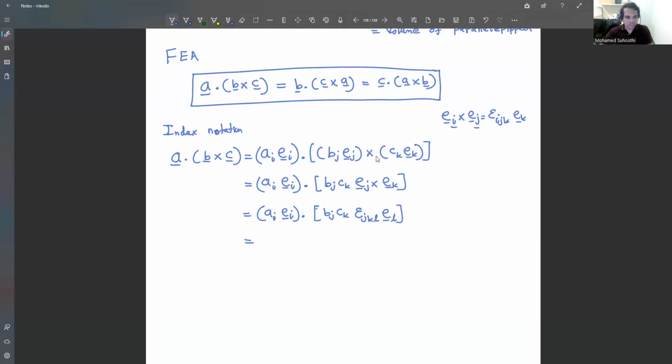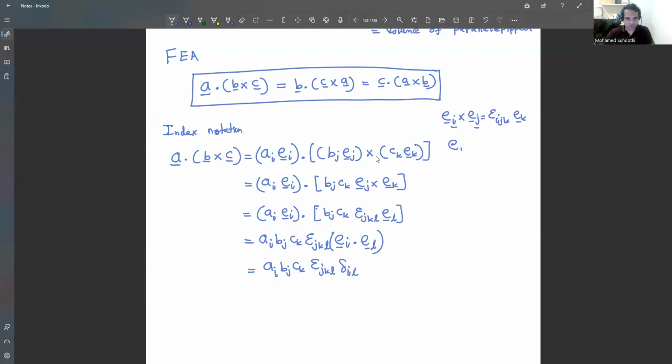So you can treat everything like a normal multiplication: A_i B_j C_k epsilon_jkl. Now e_i dot product with e_l gives the Kronecker delta, delta_il.